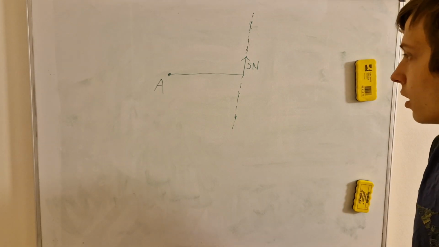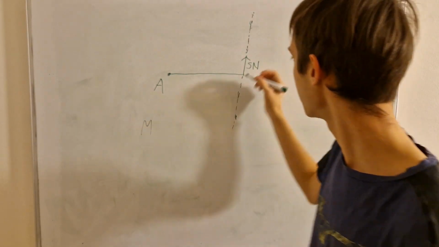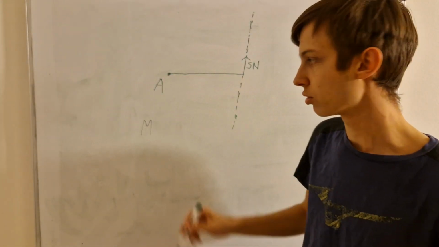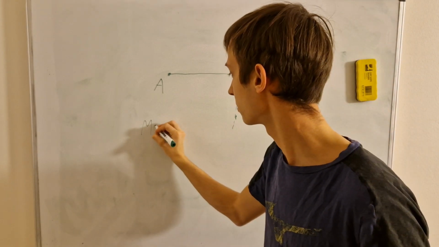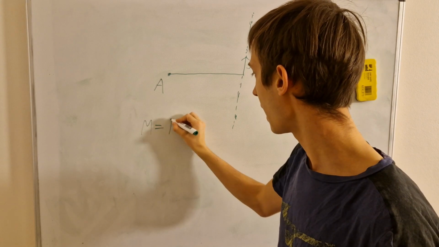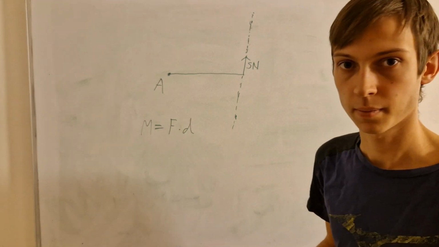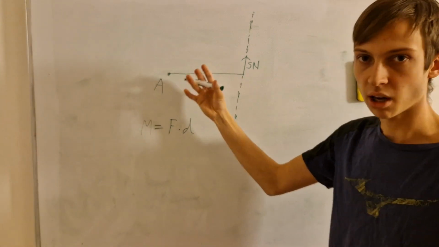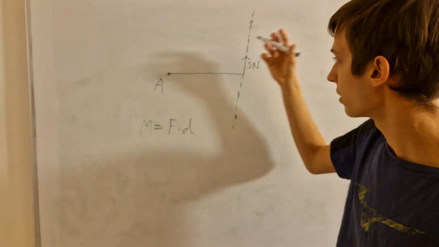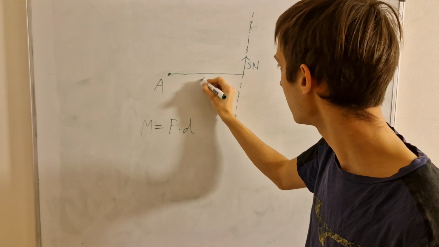What I want to do here is show how to calculate the moment this force creates for this point. In general, moments are called M. Let's make it simple like this. It's defined as F times some perpendicular distance d. In this case, the perpendicular distance is given straight here, as long as I know the length of this line. So this is d.